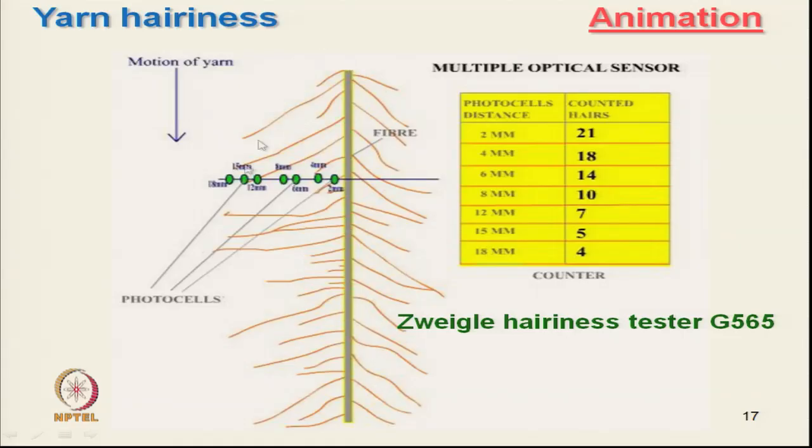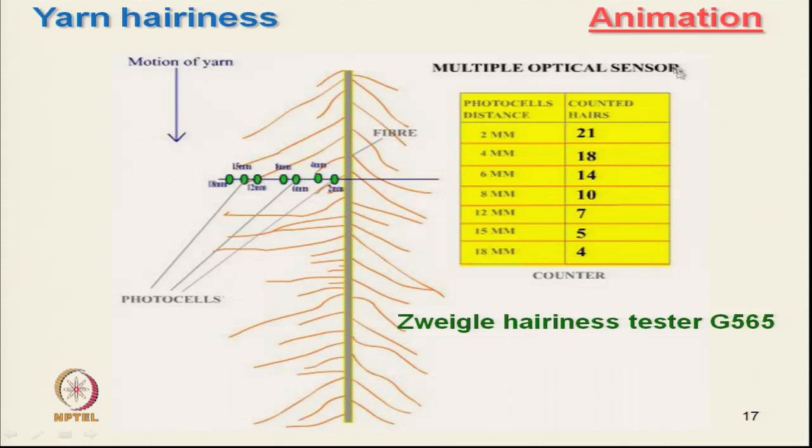Now, this is the animation and the picture. It shows that here we have different photosensors. When the yarn moves, similar to the Shirley hairiness tester, this also records the number of hairs.